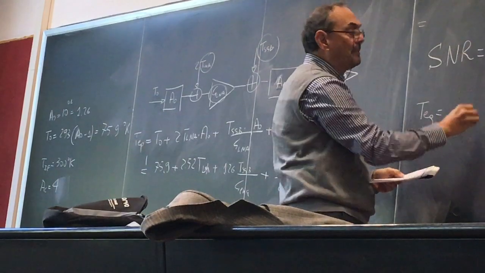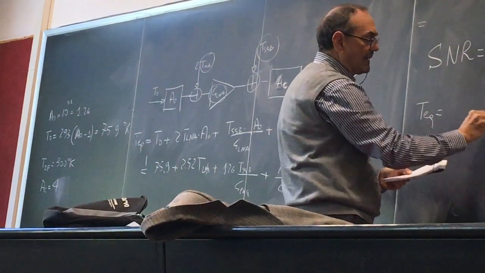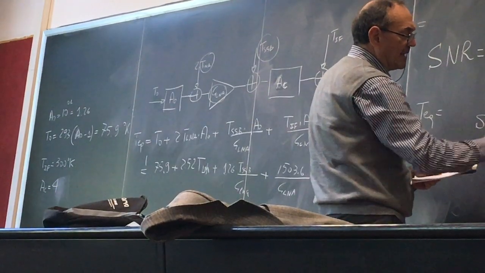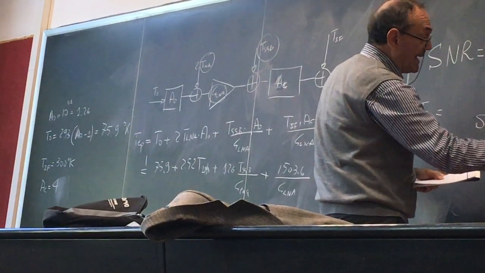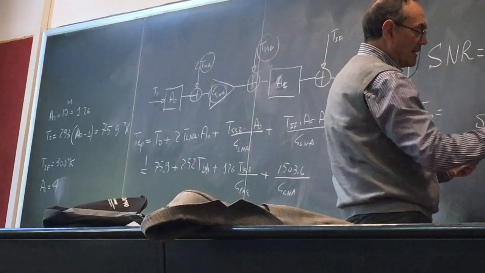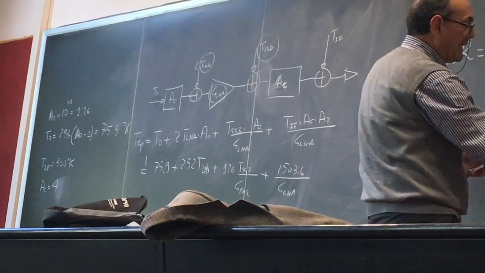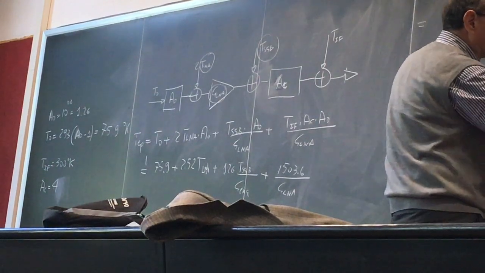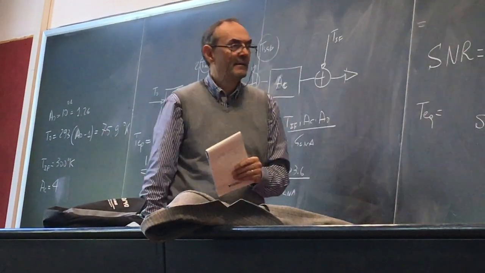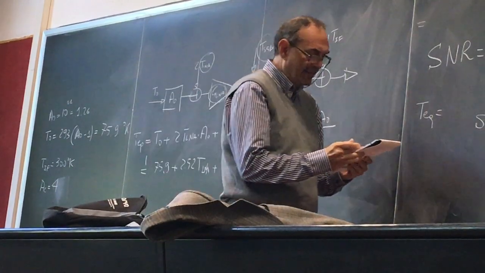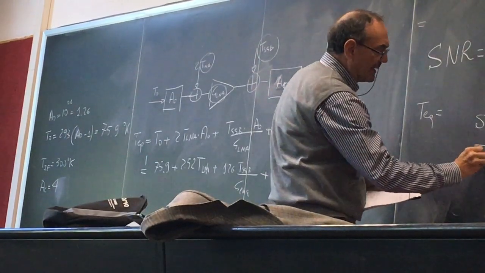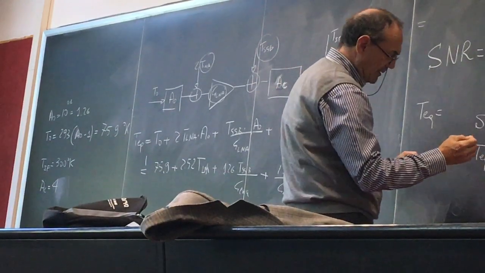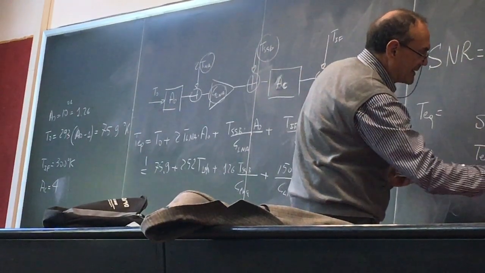If we express this in dB, we have S in dB minus KB in dBm minus T equivalent, expressed again in dB, equal to 20. And then we get T equivalent in dB equal to 28.6.